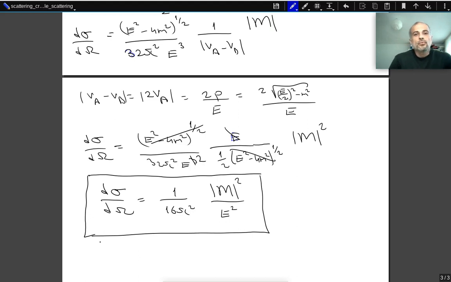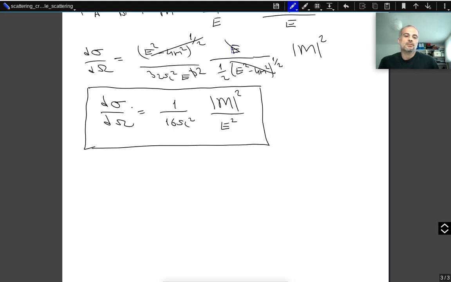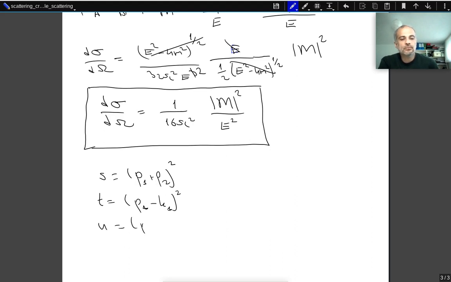Now, usually in two particles scattering into two particles, the omega is the solid angle in the center of mass frame. Rather than using these parameters, what we usually do is we define 3 parameters: S being the total momentum of the ingoing particles squared, T being P1 minus K1 squared, and U being P2 minus K2 squared.